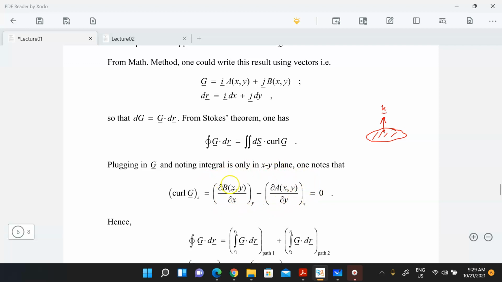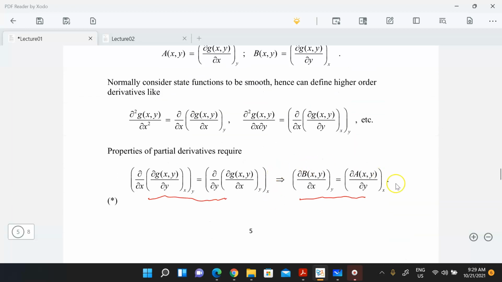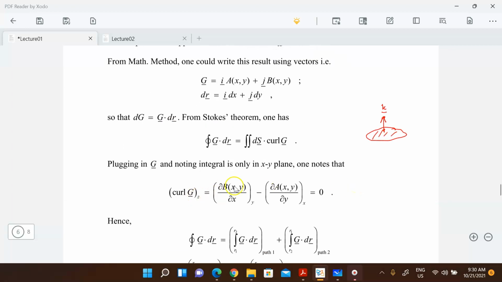And what does that tell us? Well, we have this condition earlier. If this is actually true, partial b partial x equals partial a partial y, which is precisely what you have here, but taking the difference between them. So here, partial b partial x minus partial a partial y.